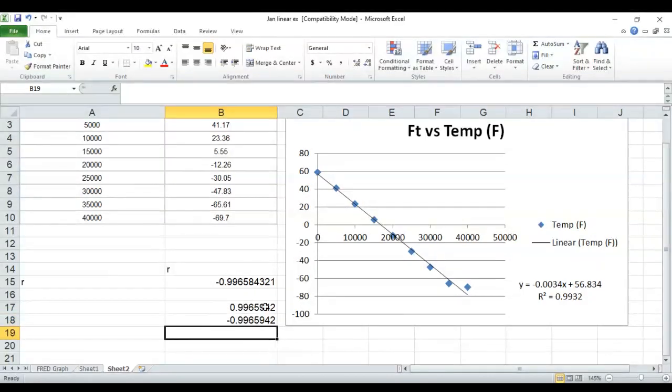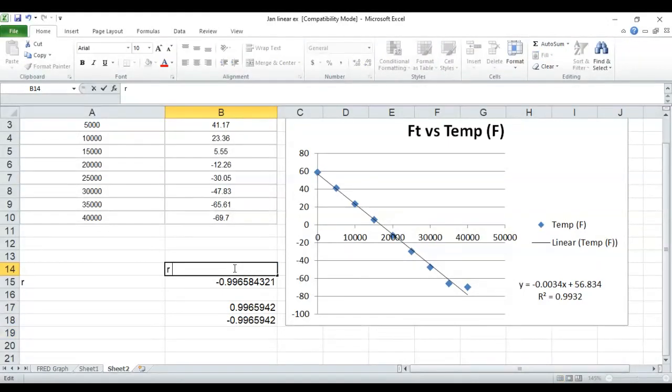And notice they're a little different, but that's because of rounding. On the graph, the R squared is only to 4 decimal places. So these are going to be a little off, but that's okay. I'd rather have you use the CORREL function to find that.